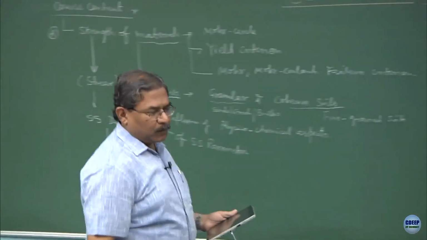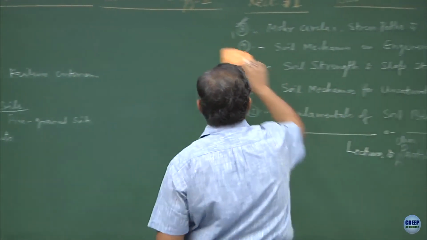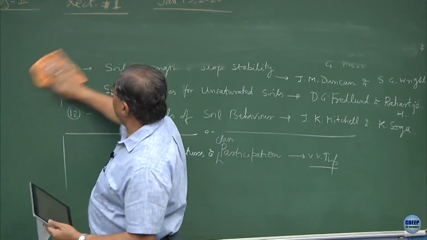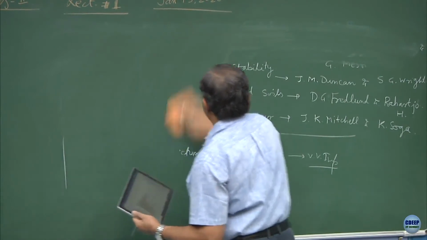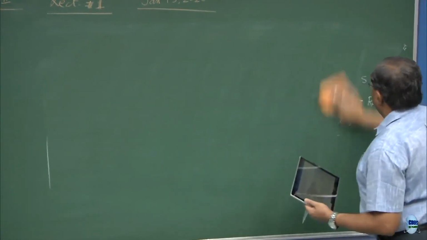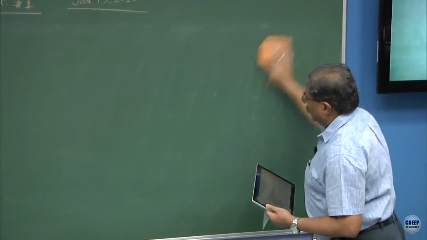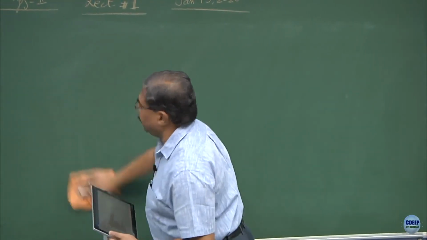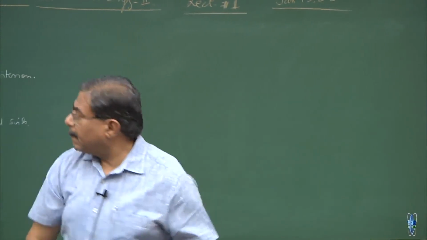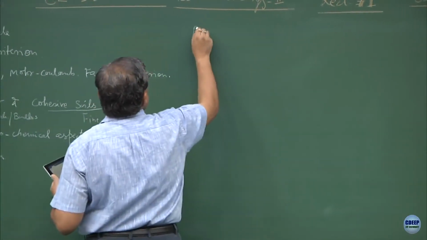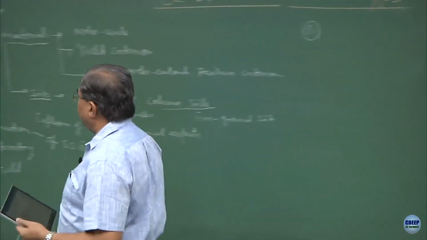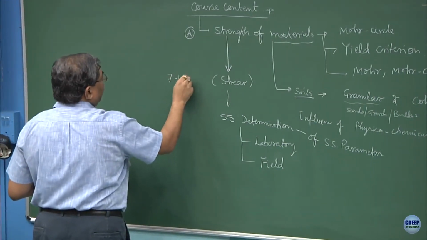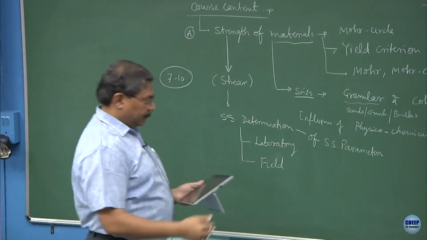The second part of the course would be application of shear strength theory. So, as far as the application of shear strength theory is concerned, I tend to spend about 7 to 8 lectures on this, to be conservative side 7 to 10.